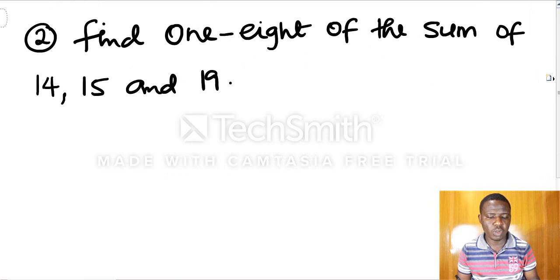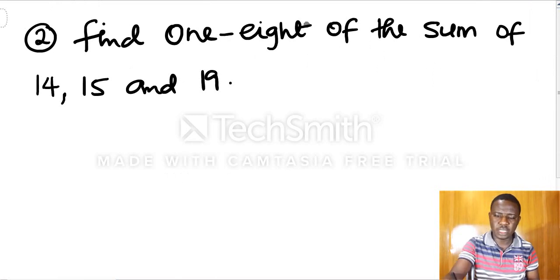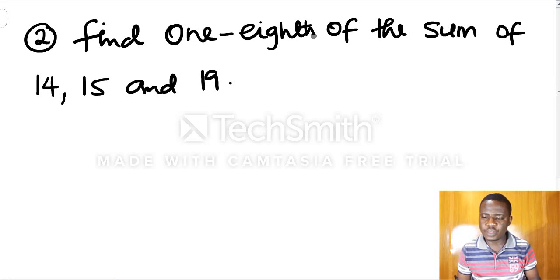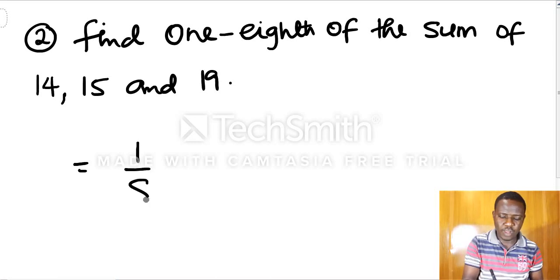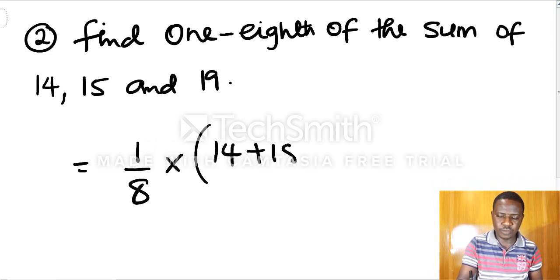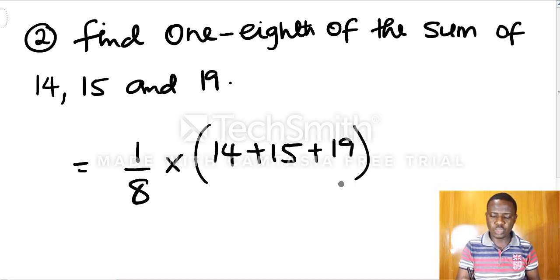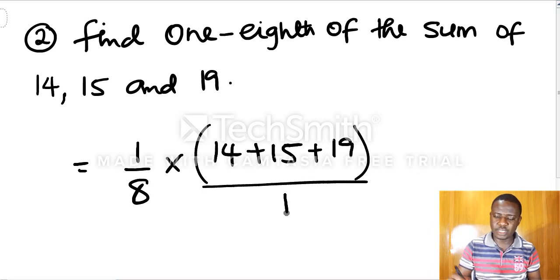Which is said to be 4. Question 2 says, find 1/8 of the sum of 14, 15, and 19. That is 1/8 times the sum of 14 plus 15 plus 19. So I'm going to add these three together and multiply by 1/8.